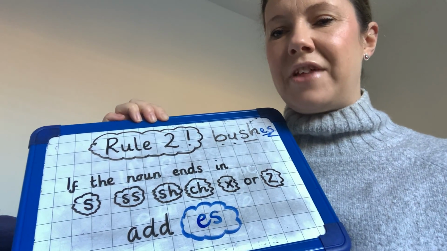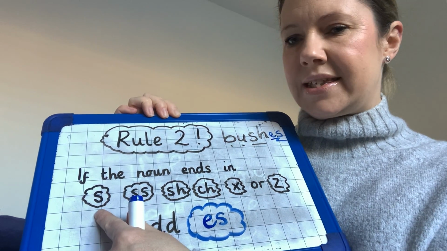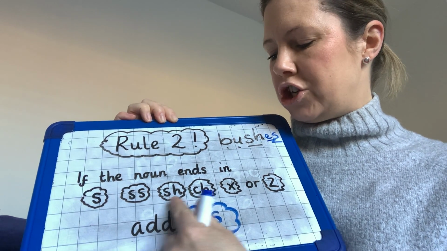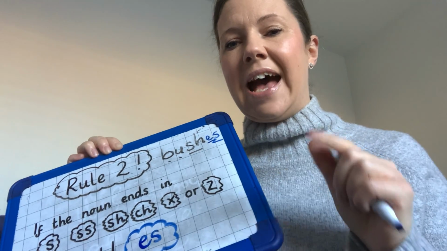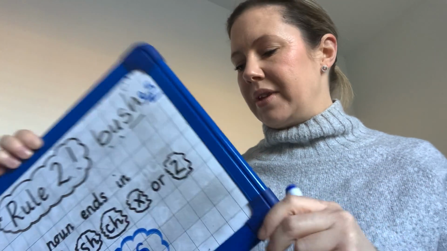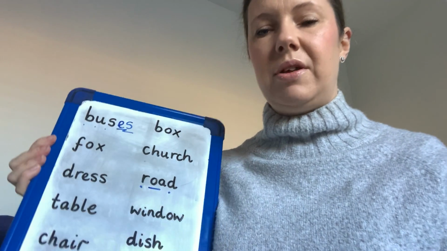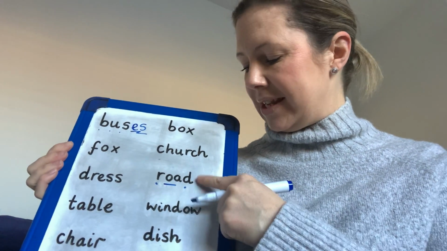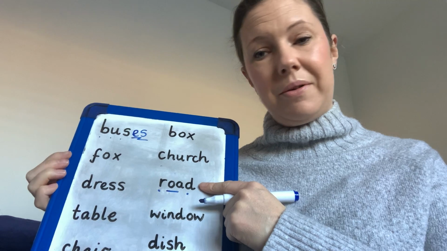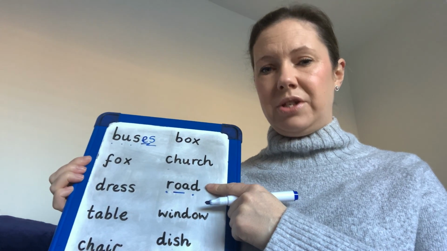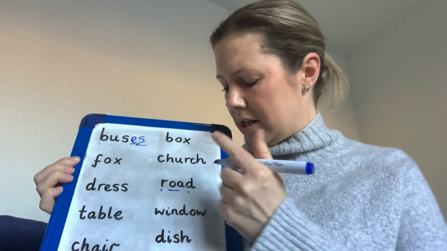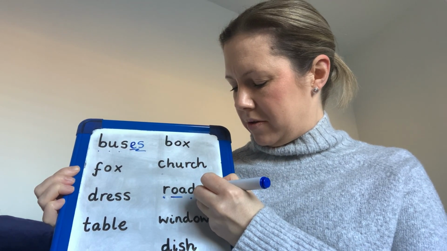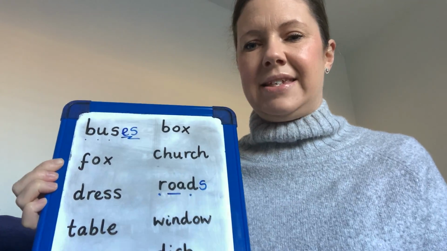Now remember, if the noun ends in s, sh, ch, x, or z, then we need to add es. If it doesn't, then we just add s. So was letter D in that rule? No, it wasn't. And so with the word road, to change that to the plural, roads, we just add s.